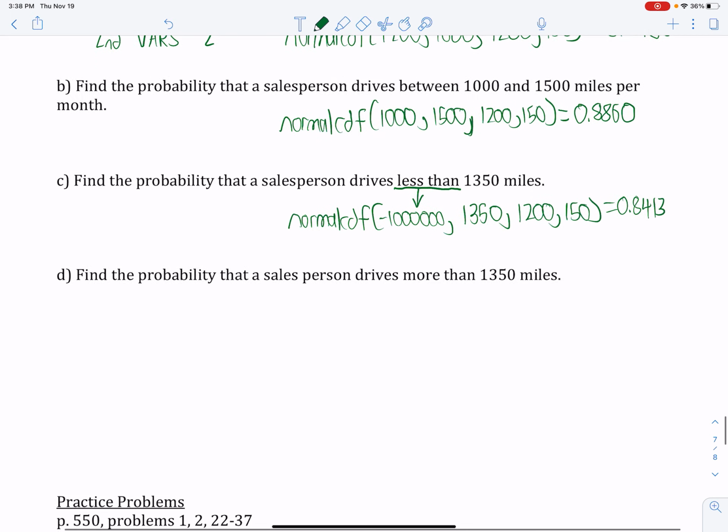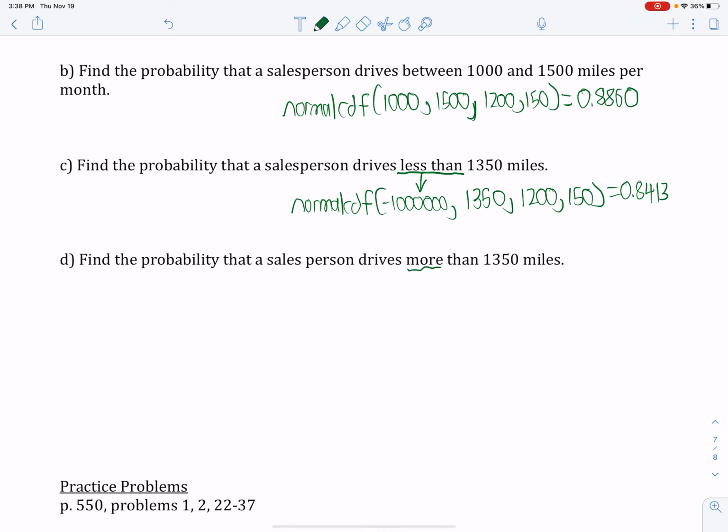Now, if we have a greater than, or as it says here, a more than problem, in this case, you put that number you want to be more than for your lowest possible number. Here we want to be more than 1350. Now, when it's a more than problem, that means there is no highest possible number, so I put something big, usually something like 1,000,000.